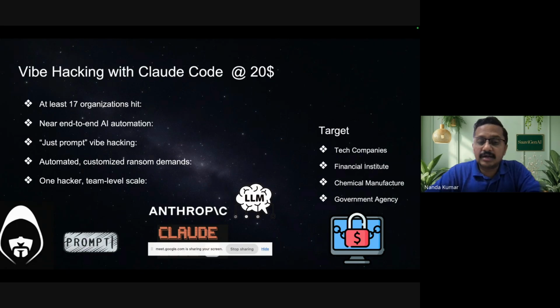That smart it was. And it was all done by one hacker, not an entire team. Okay. The targets were primarily tech companies, financial institutes, some chemical manufacturing units, and government agencies. This is across the globe, not specific to one country. It is scattered across multiple countries, especially the US and Europe.